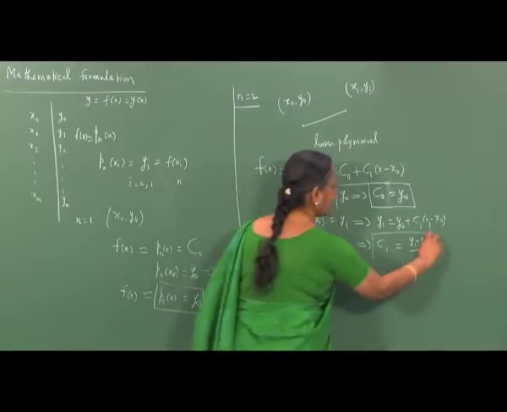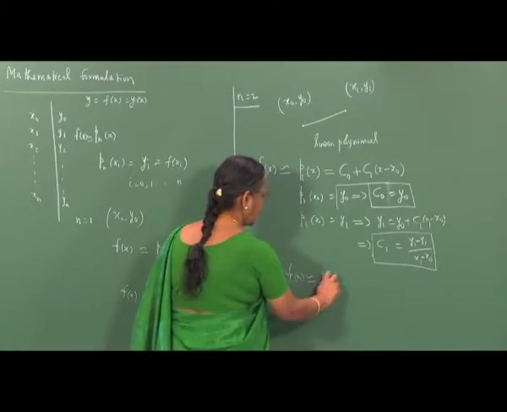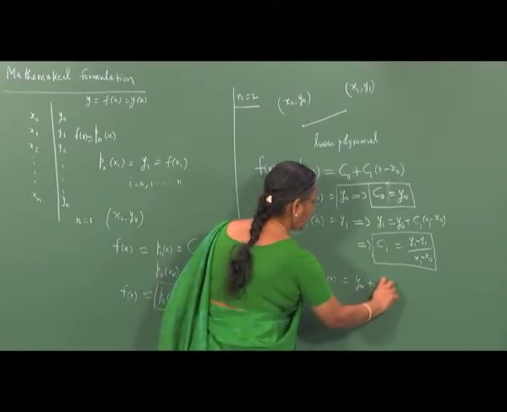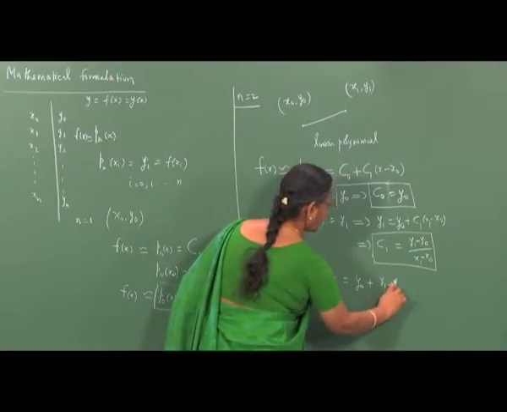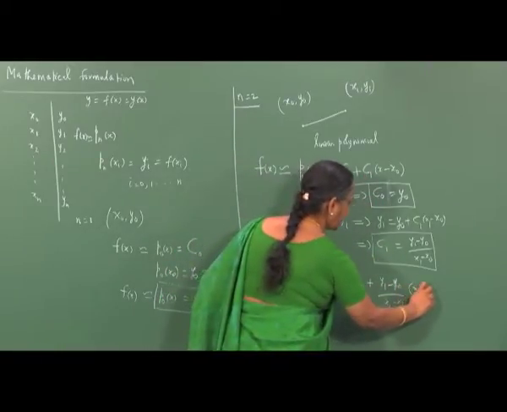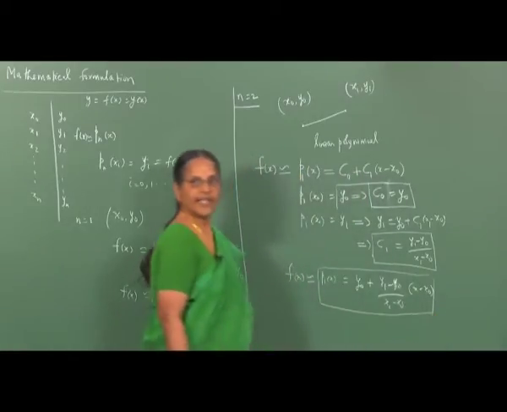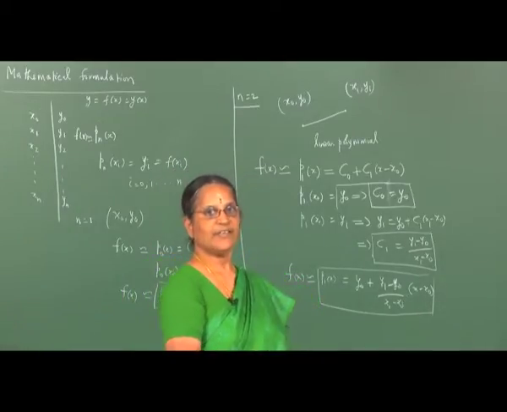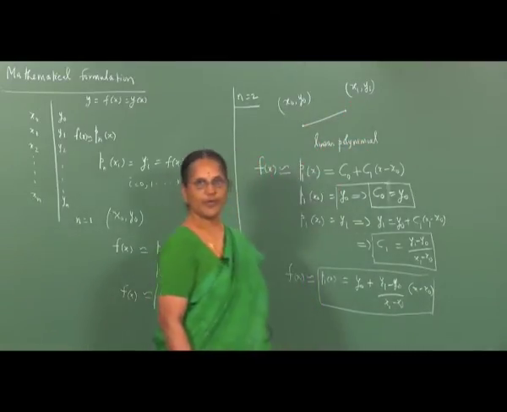So, c1 gets determined. So, what is the polynomial that approximates this function f of x? It is c0, which is y0, plus c1, which is y1 minus y0 divided by x1 minus x0, into x minus x0, and that is a first degree polynomial that approximates this function f of x, and it interpolates the function at a set of discrete points, namely x0, y0 and x1, y1.